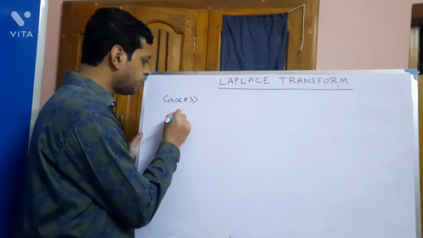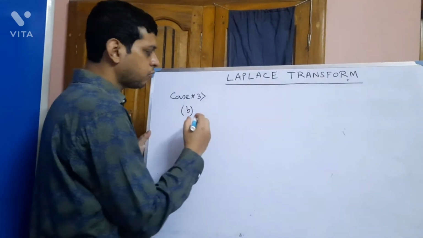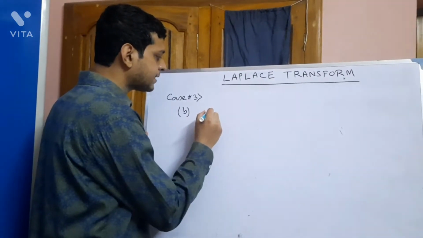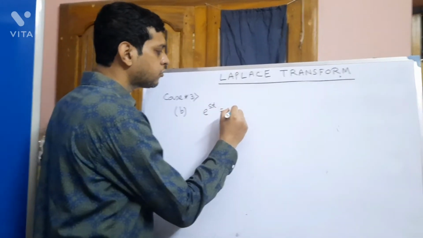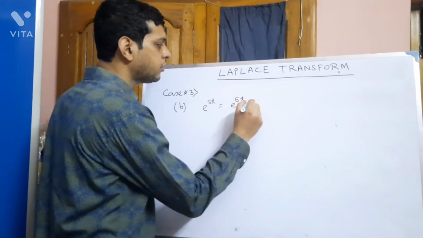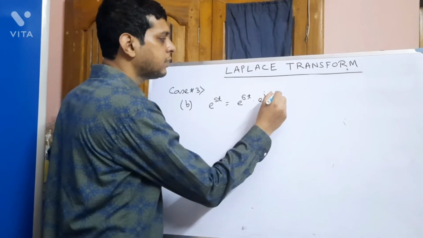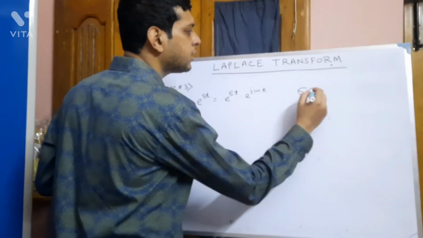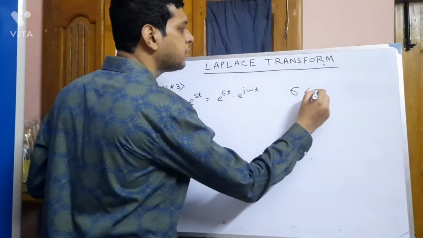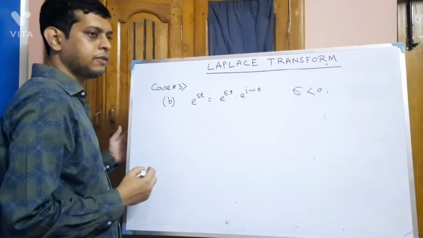Now case 3b. In case 3b, we will consider S as the complex quantity, e to the power st equal to e to the power sigma t into e to the power j omega t, but here we will consider the case when sigma is negative, or sigma less than 0.